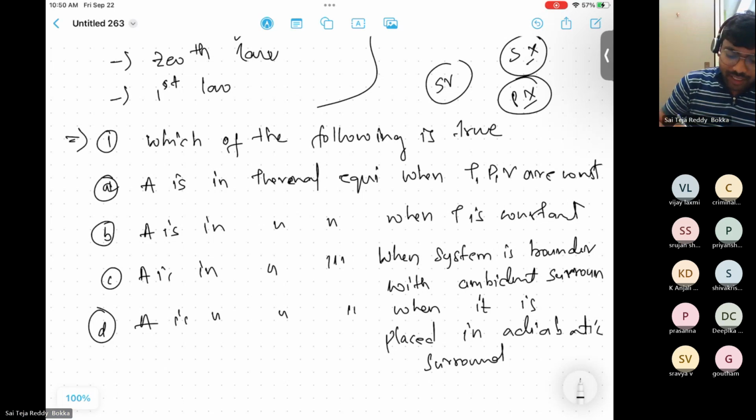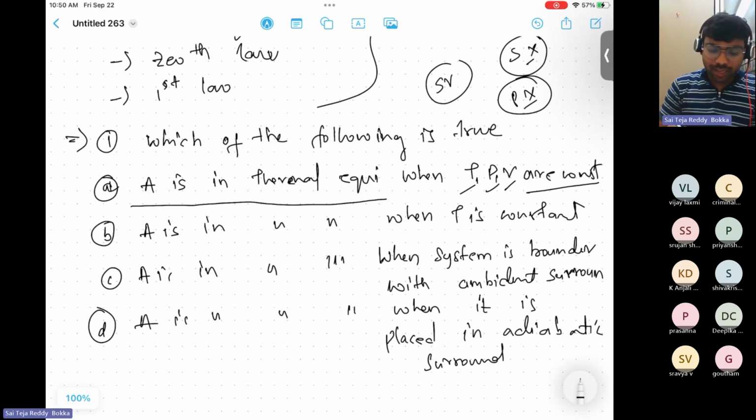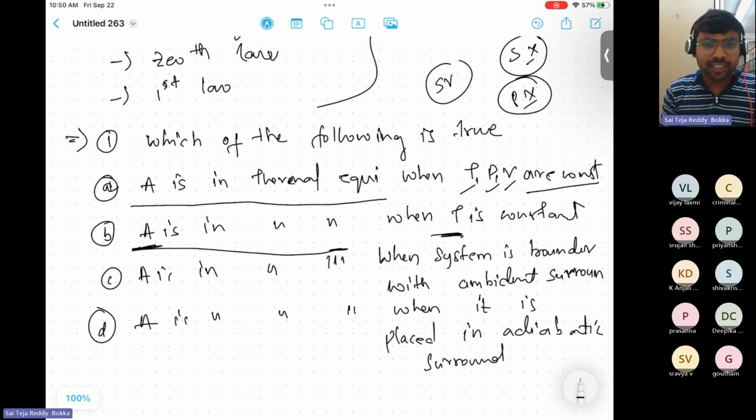Because A: the system is in thermal equilibrium when temperature, pressure and volume are constant. When T is constant, it means there is no change in pressure and no change in volume. It defines the same thing, right? T is constant means T, P, V are constant.